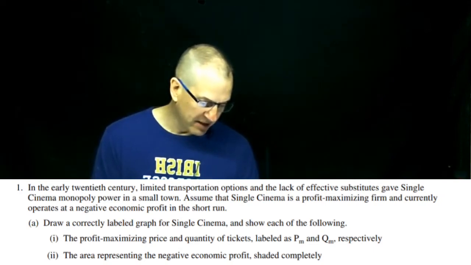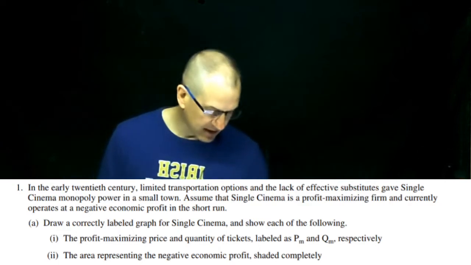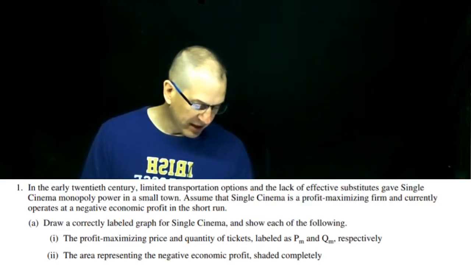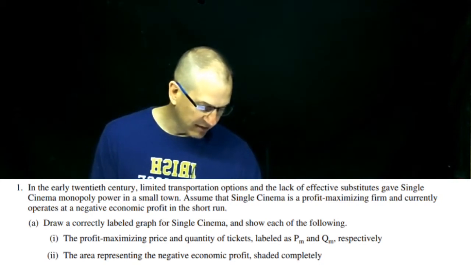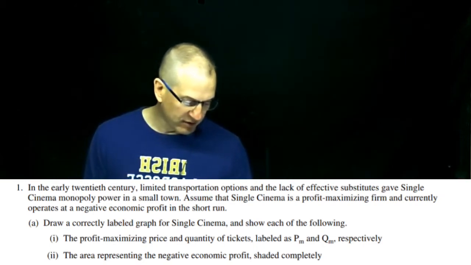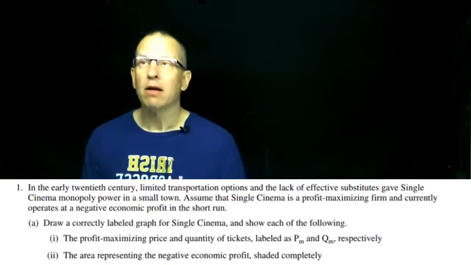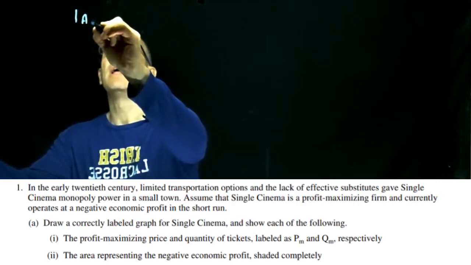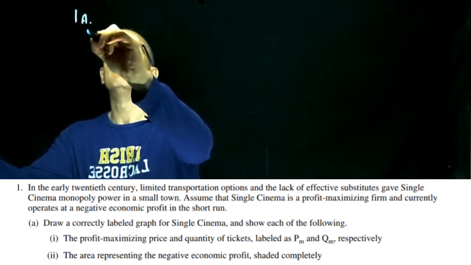A1 says the profit maximizing price and quantity of tickets, labeled PM and QM respectively, and then the area representing the negative economic profit, shaded completely. So one of the first things we want to do is show the monopoly. So this is 1A 1.